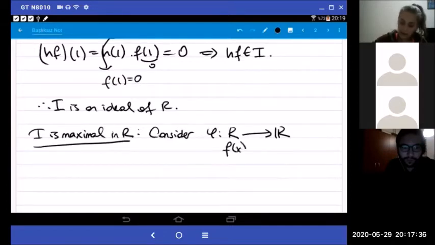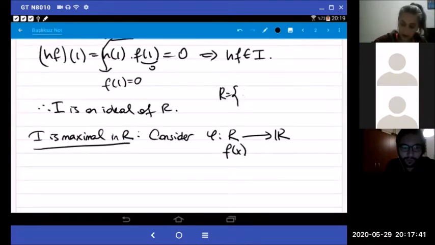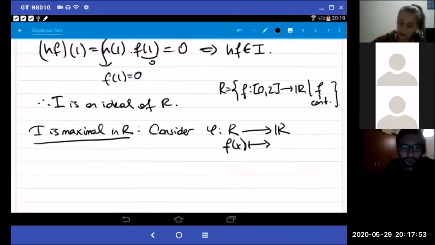Taking a function, a continuous function, if you remember, R contains all continuous functions from 0 to R. I'm taking a function and I'm evaluating it at 1. We are defining the image of a function as its function value at 1.